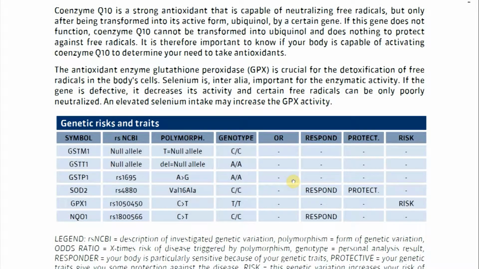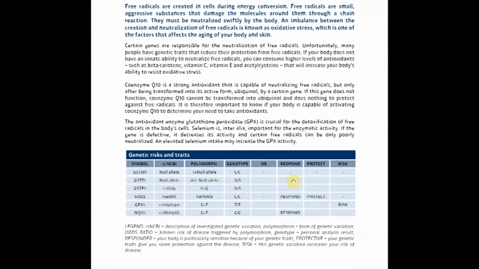Now, since nature knew that these free radicals are so detrimental to health, we have a number of safeguards, and these genes have these roles. These genes protect us in different ways from these free radicals.